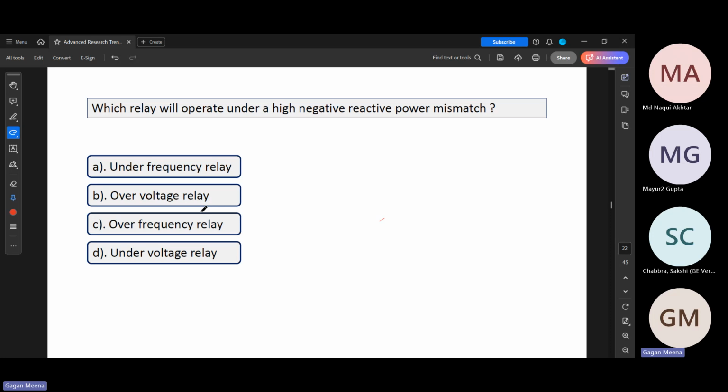Now what will happen here? P generation is more than P load. Negative Q mismatch means reactive power generation is more than Q load. So it would be the over voltage relay.